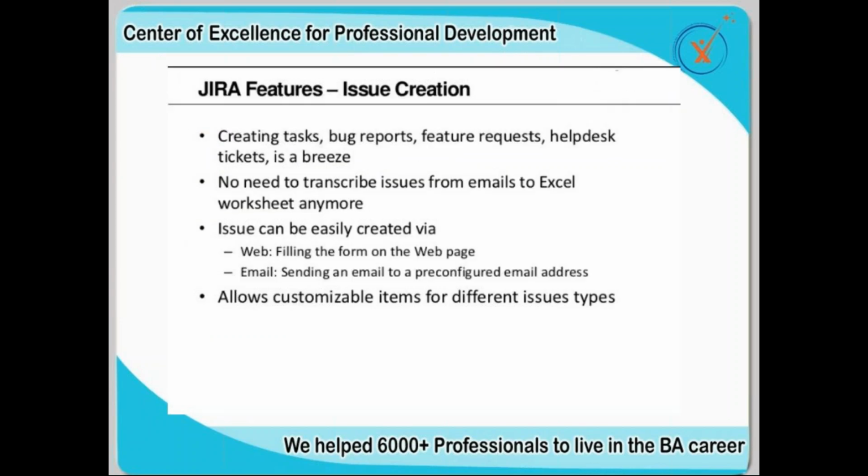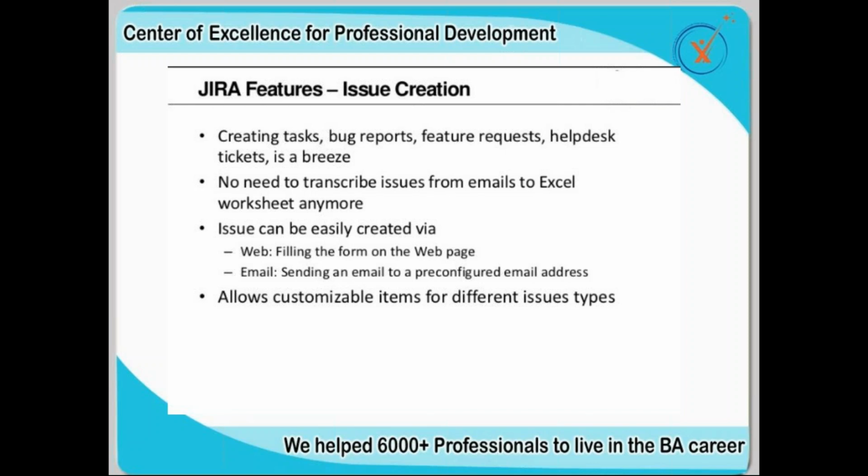There are different features in the Jira tool. First is issue creation. You can create tasks in this. You can report bugs. You will have admin authorities in this. And all the issues will be traceable through emails or Excel sheets.